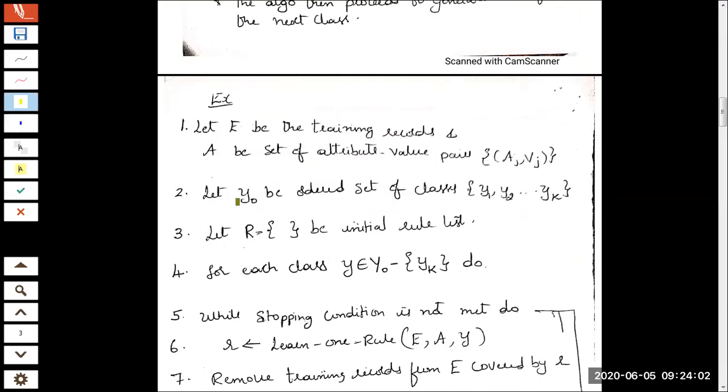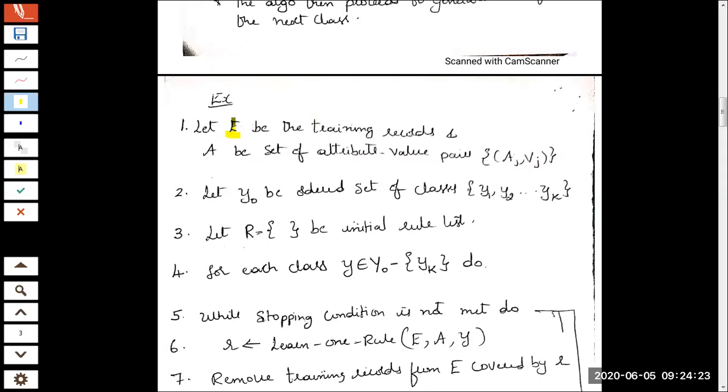Just to summarize, the algorithm is labeling training records as E. Already it was informed: both decision tree and rule-based classifier need training records. They need to be trained, they need to be supervised, so that is why it comes under supervised classification.